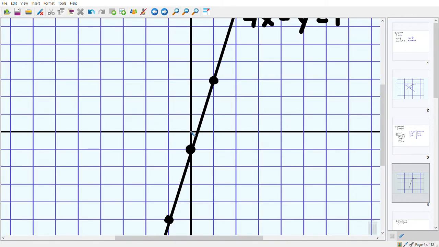So again, 4, 0, this is from the origin, right? 1, 2, 3, 4, no up or down. Here, from the origin, no left or right, up 1, 2, 3, 4.